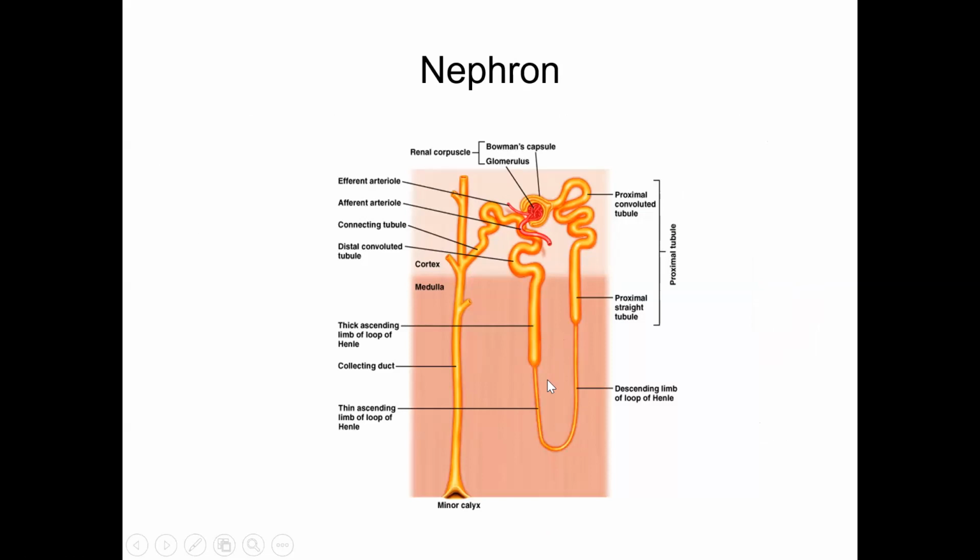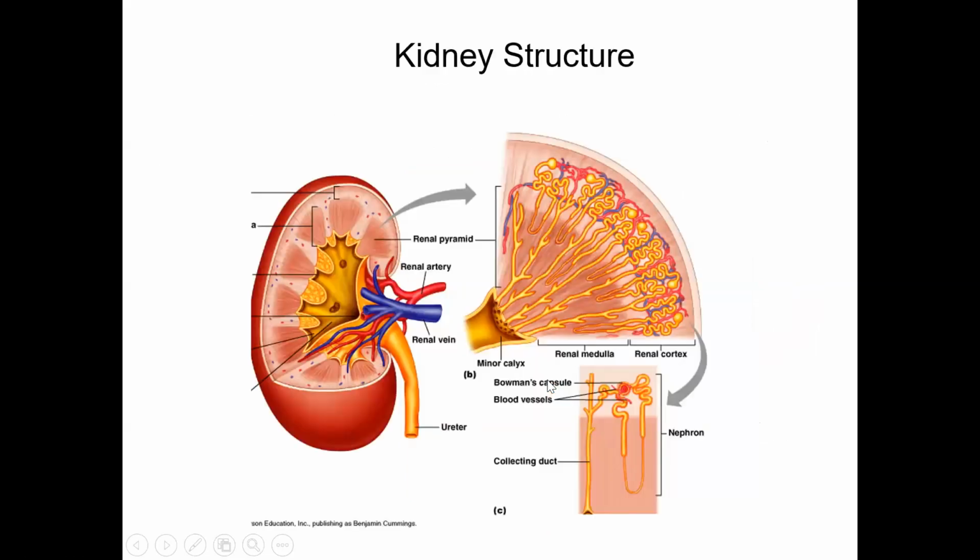Okay, same slide. All right, so now we're back to the first slide I showed you. Let's review. This part is called cortex. This part, renal pyramid. Let me see if your book labeled.